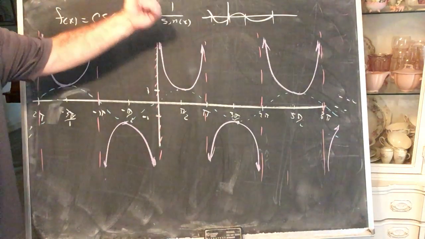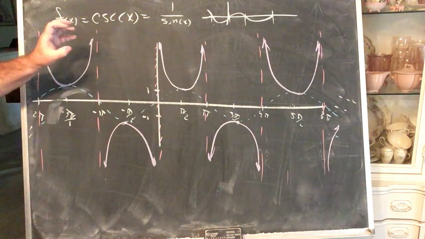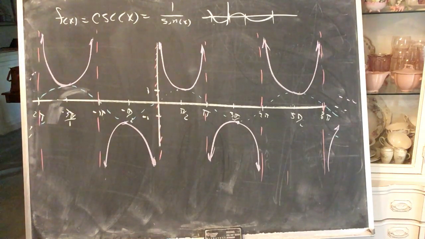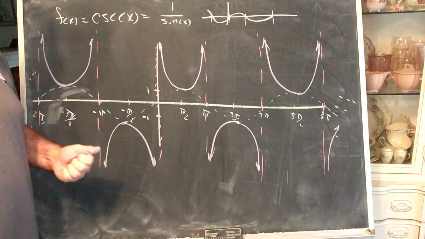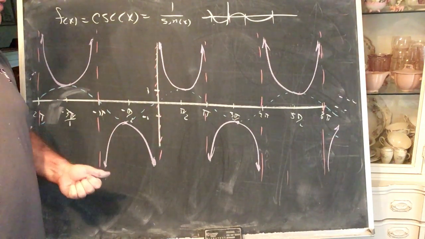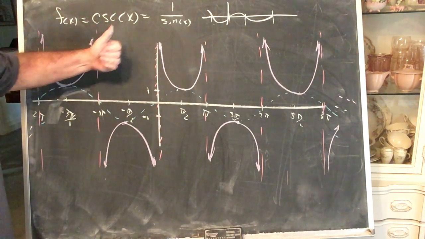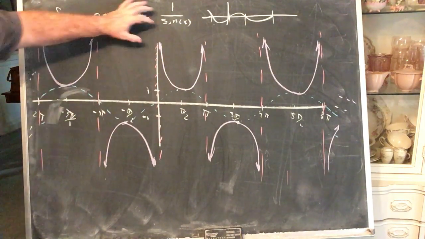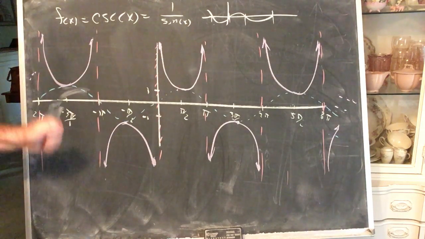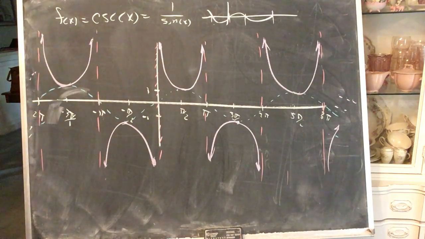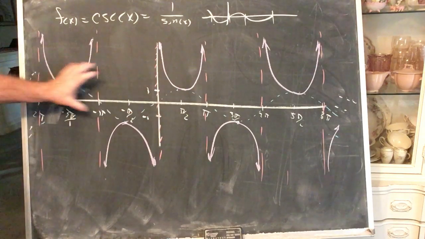Notice the vertical asymptotes are not in the same place with cosecant as they are with secant. With secant, the vertical asymptotes are where cosine has a node, odd multiples of pi over 2. With cosecant, the vertical asymptotes are where sine has a node, the integer multiples of pi, 0, pi, 2 pi, and so on.